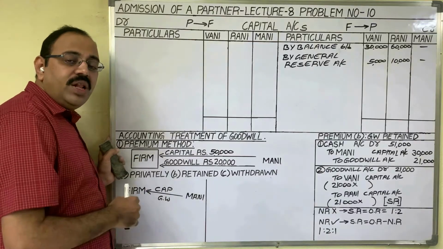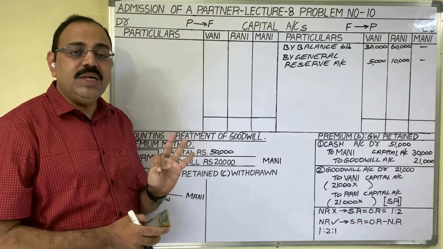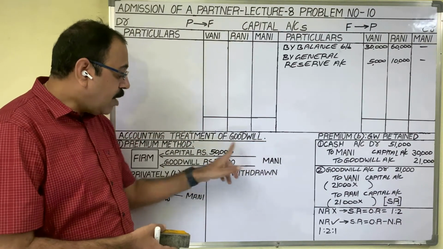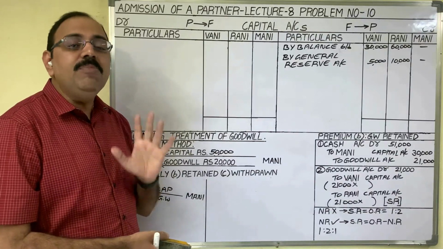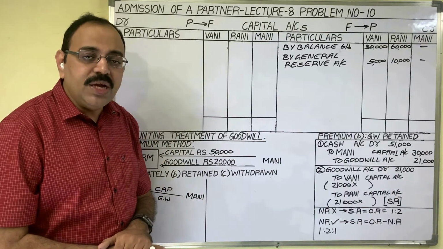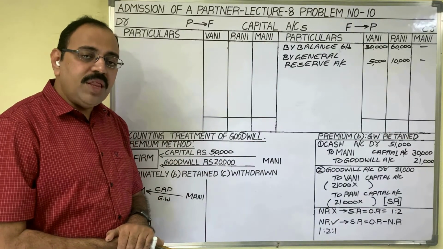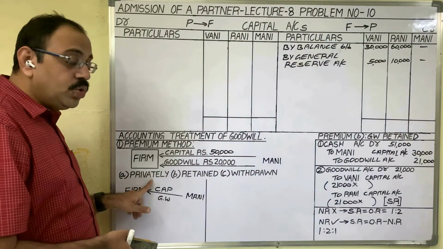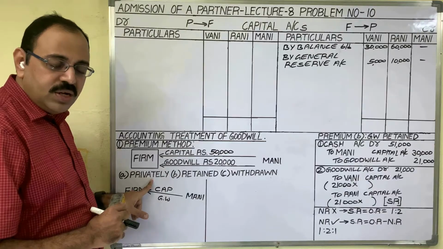To adjust goodwill, there are three methods: premium method, revaluation method, memorandum revaluation method. When a new partner is coming with goodwill and capital, that is the premium method. Under the premium method, we have to adjust the goodwill in this problem. In the premium method, we have three sub-methods. Premium A: goodwill should be paid privately. This sentence is not given in the question.